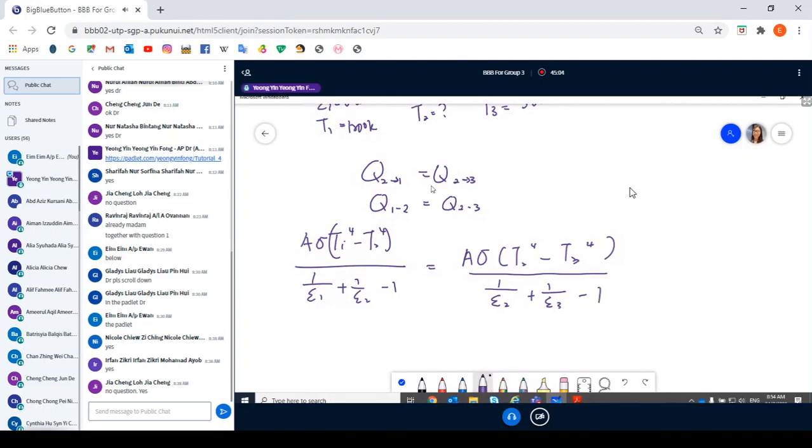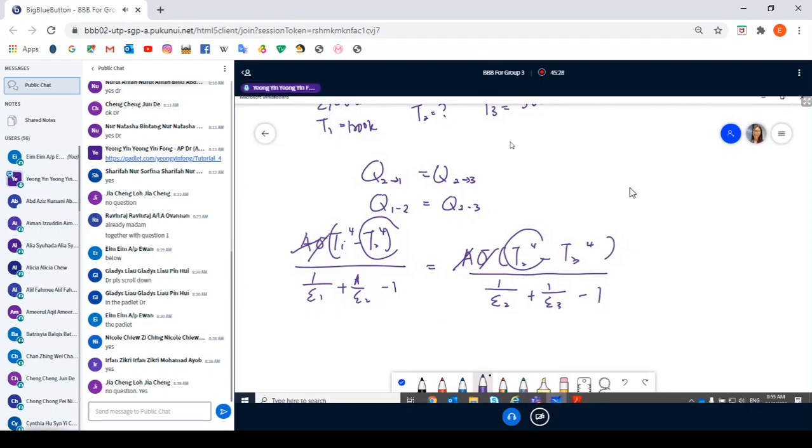Okay, you can do the substitution in it, then you can get T2. Here surface area, no need, because it will be cancelled out. Or you can assume the surface area is 1 meter square, and eventually the surface area is not needed in the calculation.